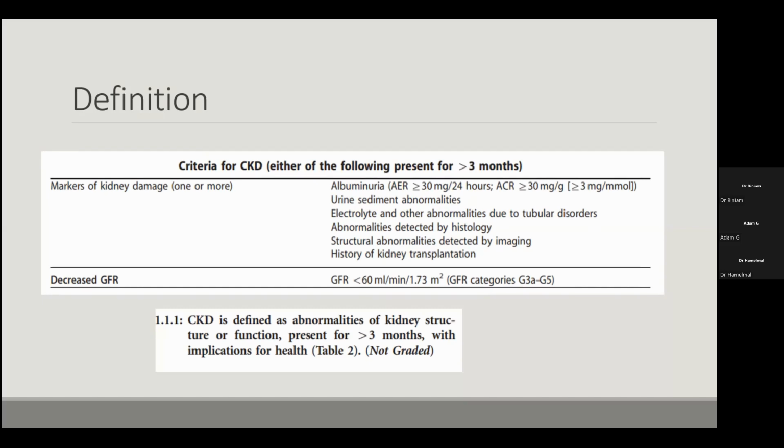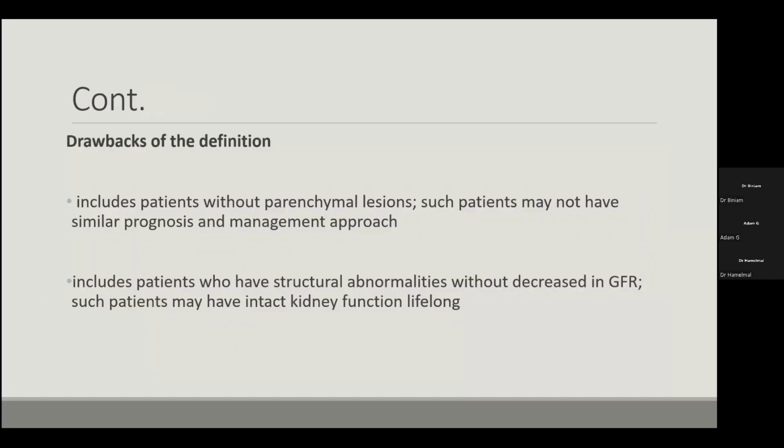For example, let's say a patient has a solitary kidney at birth. So this patient, by definition, has CKD. But most patients survive with solitary kidneys for a long period of time. There is no medication to start in such patients, rather than some mild measures. So it's questionable that every abnormality qualifies as chronic kidney disease.